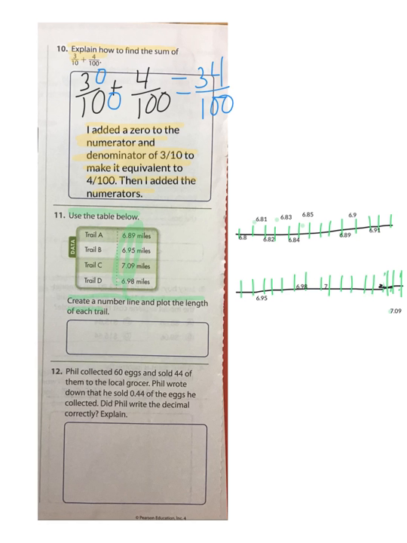Okay, this was a little bit difficult for me to label since the numbers are so small, but I'm going to read them to you. So this one would be 6.8, 6.81, 6.82, 6.83, 6.84, 6.85, 6.86, 6.87, 6.88, and this one would be 6.89, so that would be trail A. I'll put an A here.